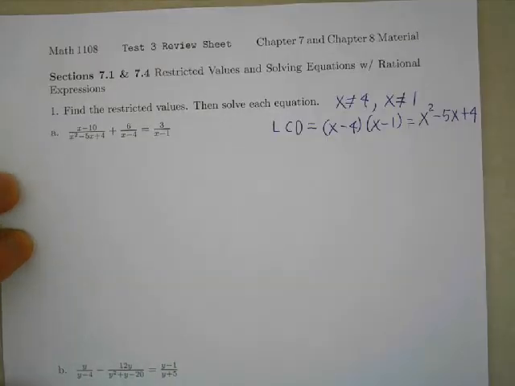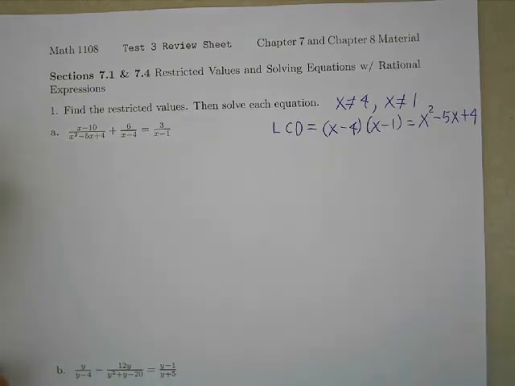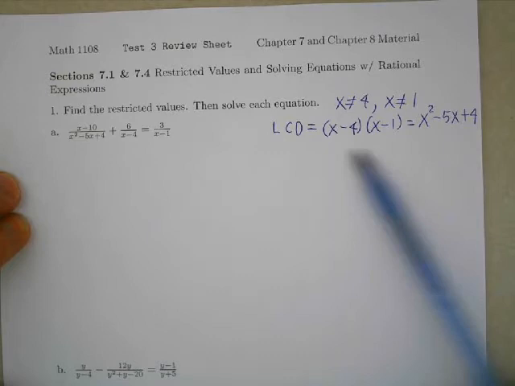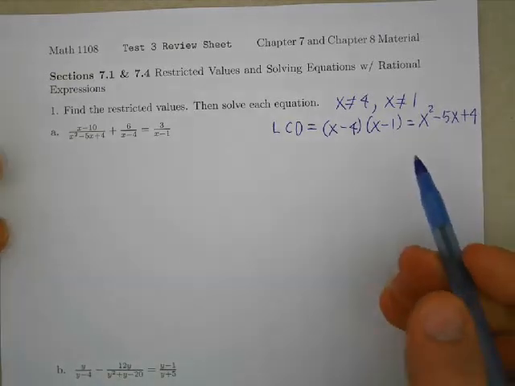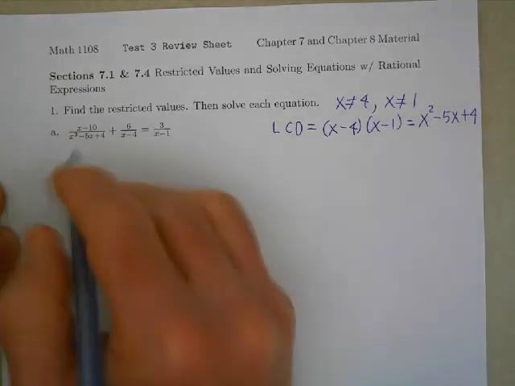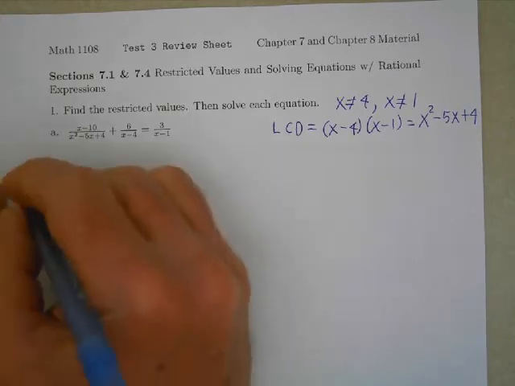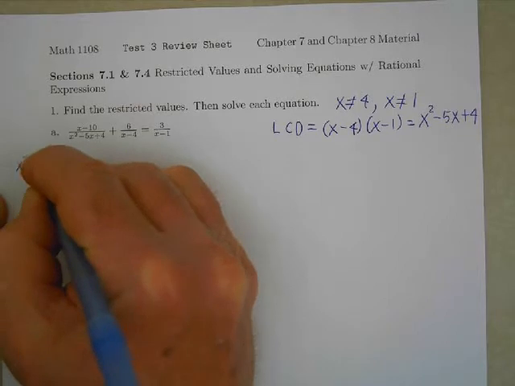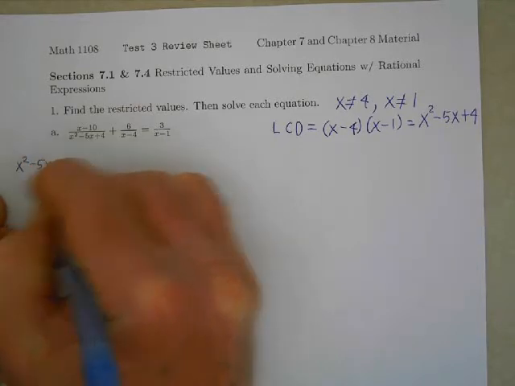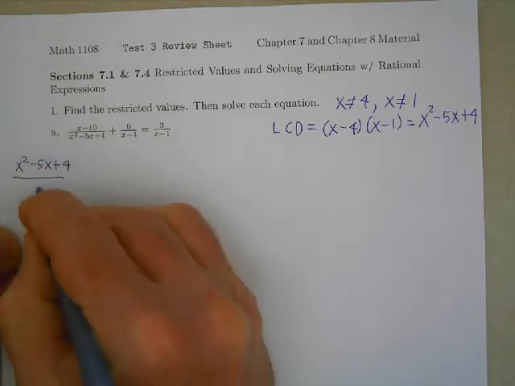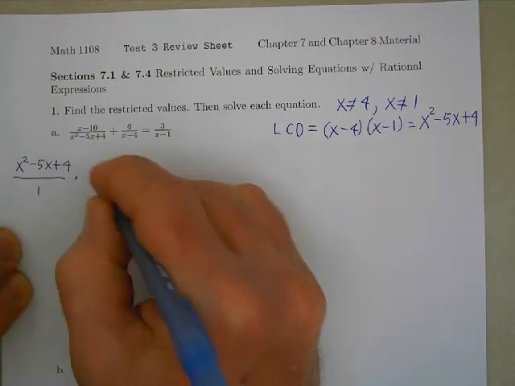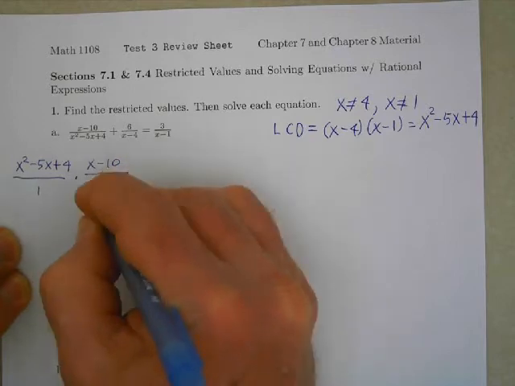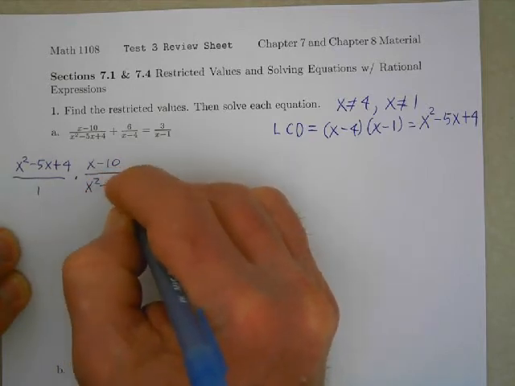Okay, so what we need to do to solve this equation, multiply every term on both sides of this equation by the least common denominator. And so starting on the left-hand side, I'm going to write x squared minus 5x plus 4 over 1 multiplied by that first term, x minus 10 over x squared minus 5x plus 4.